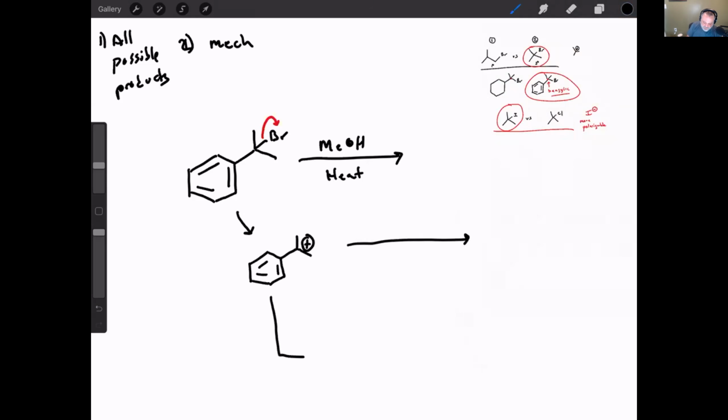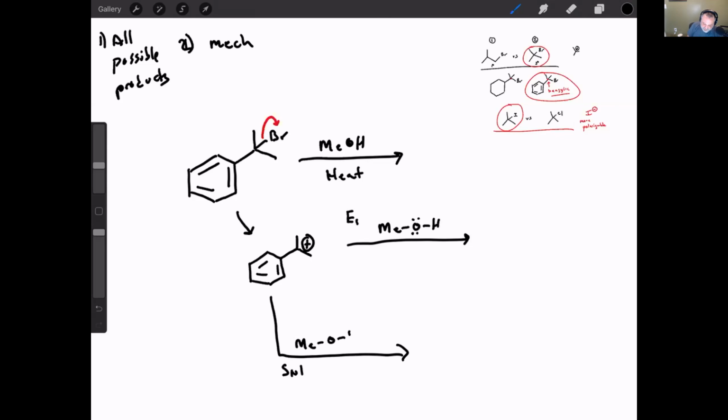What are the possible outcomes of this reaction? I've got 2 different pathways that I can go through. I can go through an E1 pathway, or I can go through an SN1 pathway. In both cases, I have methanol as the operating reagent.